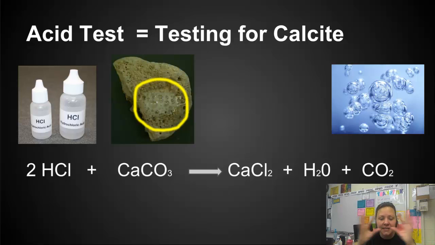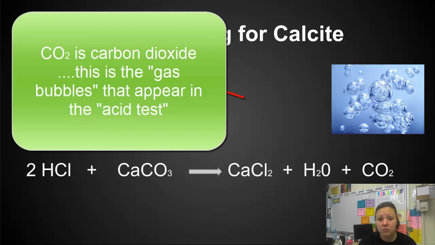We saw the fizzing or the bubbling, which is really carbon dioxide gas being formed. When you put hydrochloric acid and calcium carbonate together, you create calcium chloride, which is a salt, a little bit of water, and then a gas, carbon dioxide.